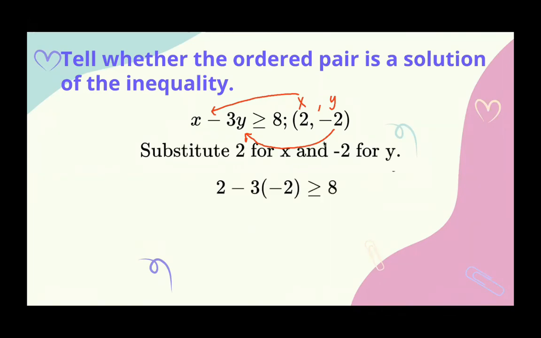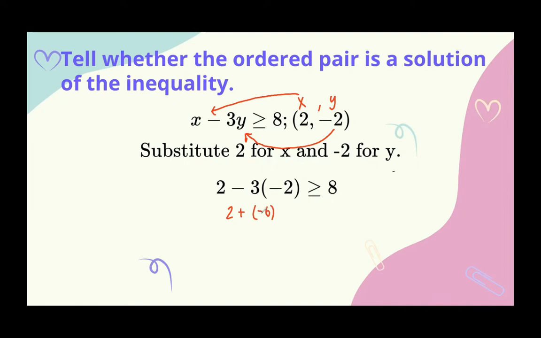Once you've done that, you have 2 minus 3 times -2 is greater than or equal to 8. You can go ahead and simplify this by evaluating it. That would give you 2 minus 3 times -2, which is -6.